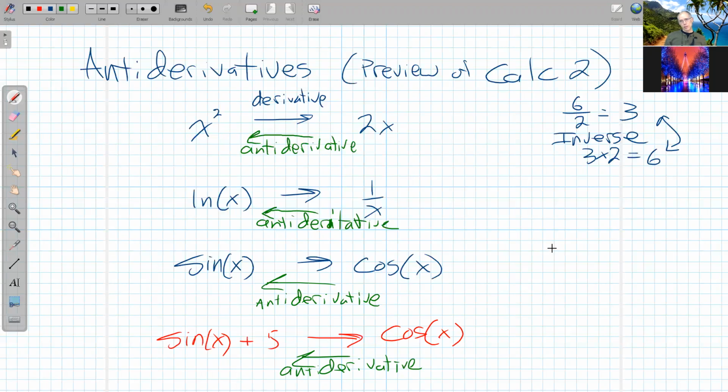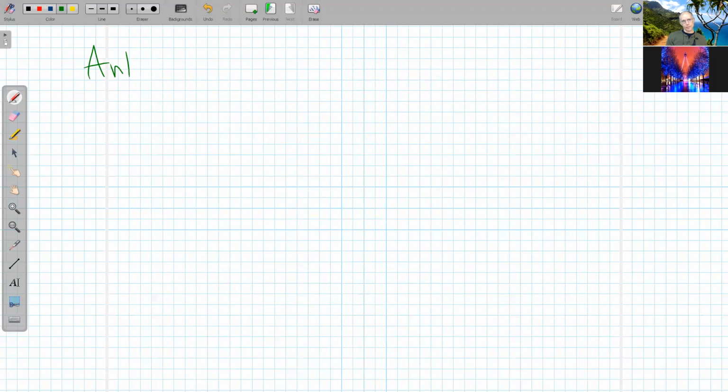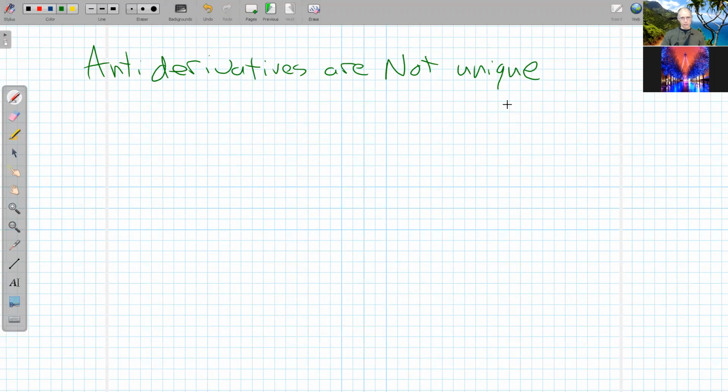Because we have this idea that a derivative with respect to x of some constant is equal to 0, we lose track of information when we take a derivative. And so antiderivatives are not unique, because of that idea that the rate of change of a constant function is 0.